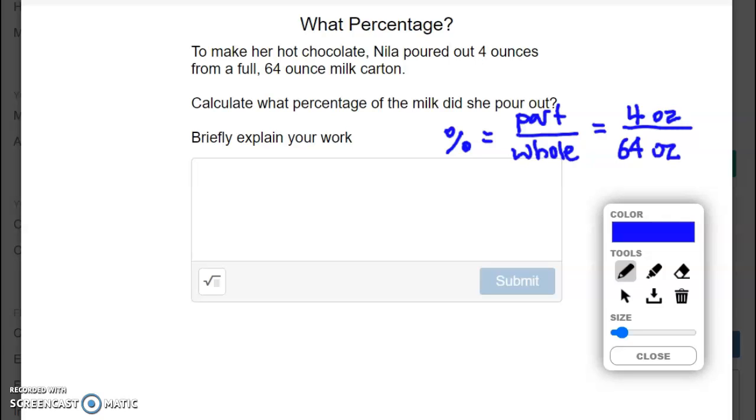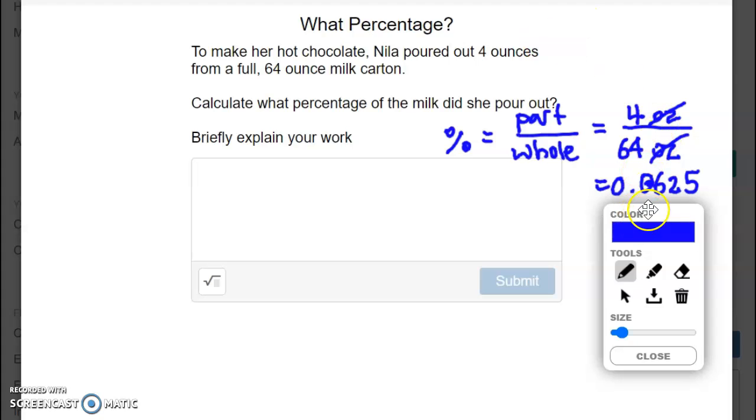Notice that the units cancel out as well, and you're left with 4 divided by 64, and that is going to be 0.0625. Now this is in decimal.